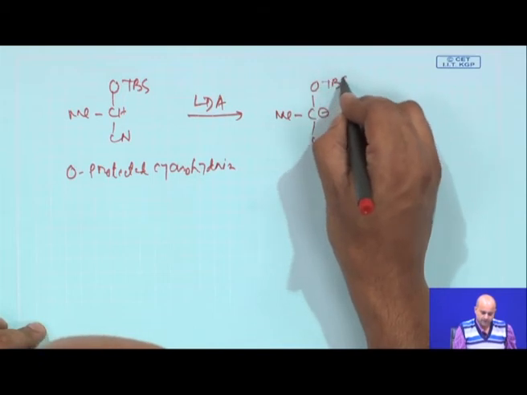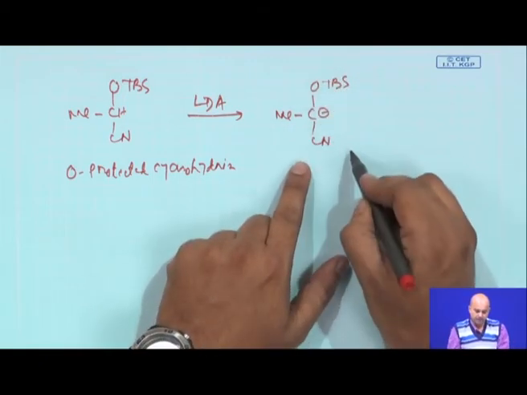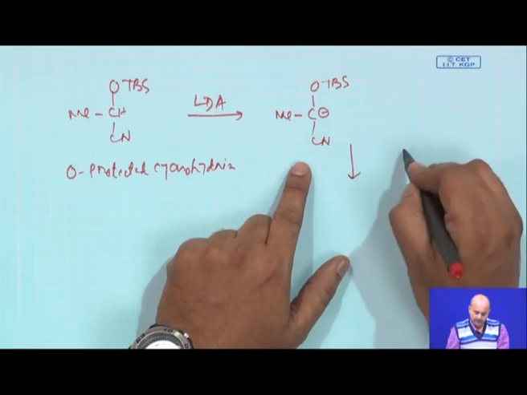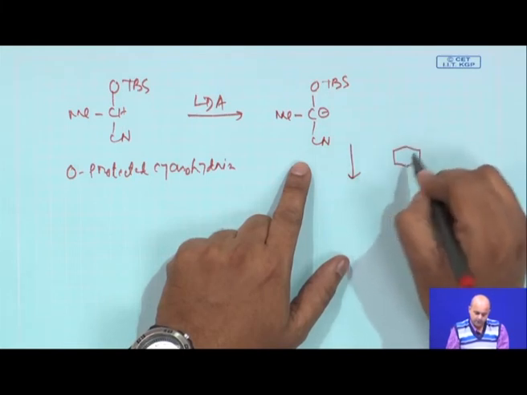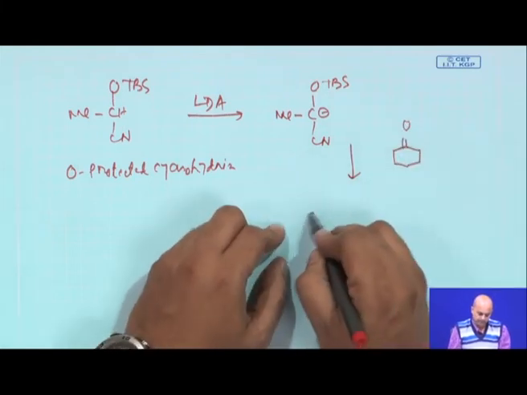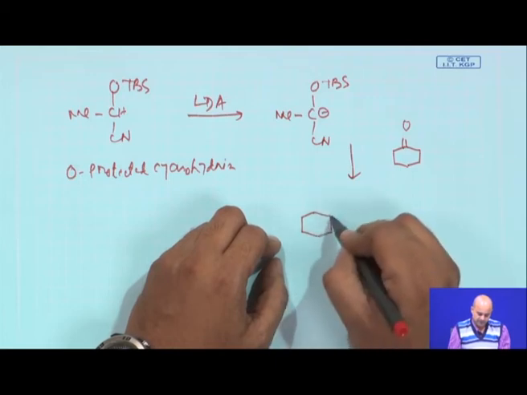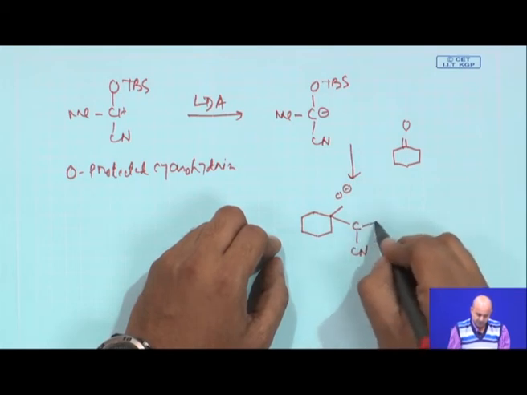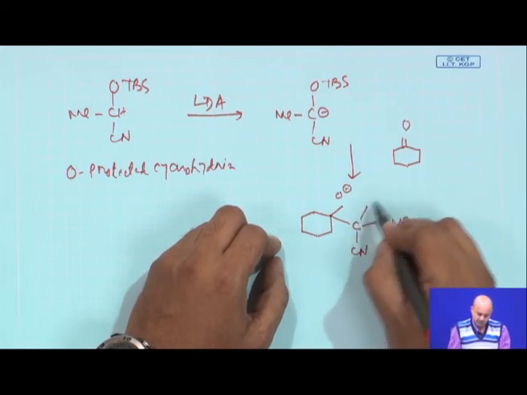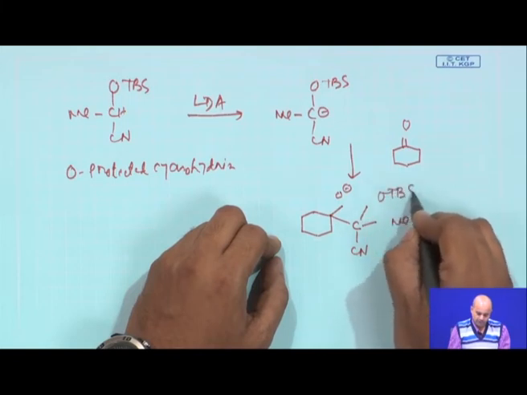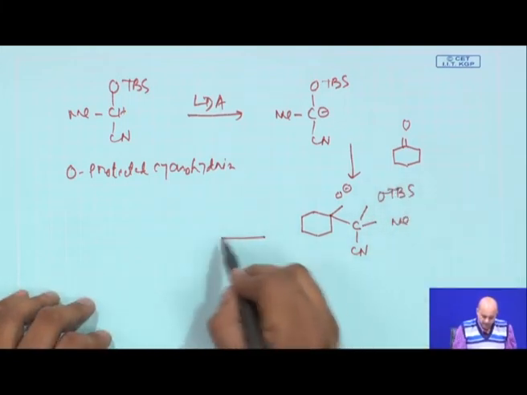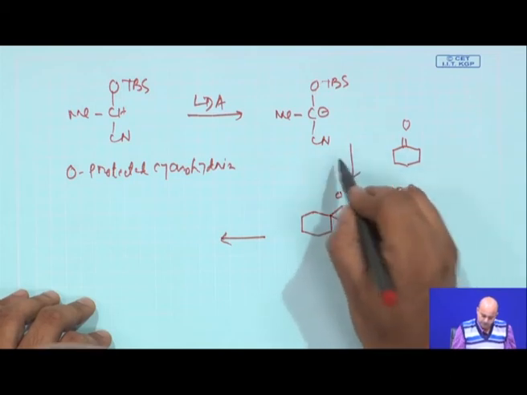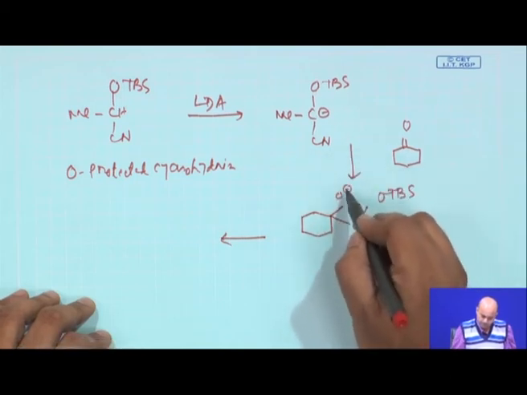OTBS. Now, this compound now acts as an umpolung reagent, and here if you react with an electrophile like cyclohexanone, initially you will get O minus, CN, methyl, your OTBS. Everything is fine. If you just quench with simple methanol, you will get an OH also.